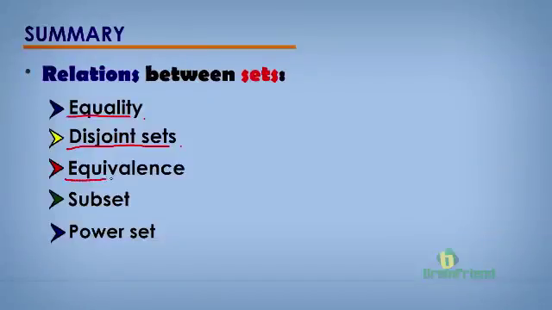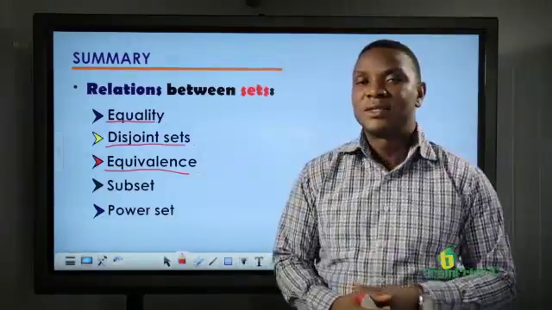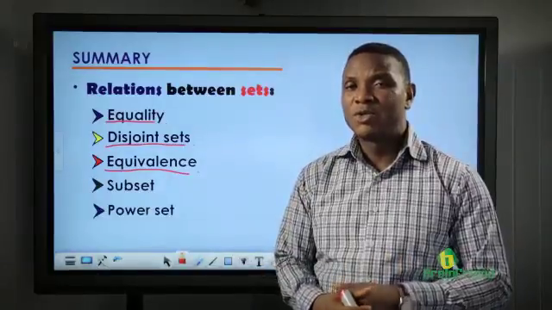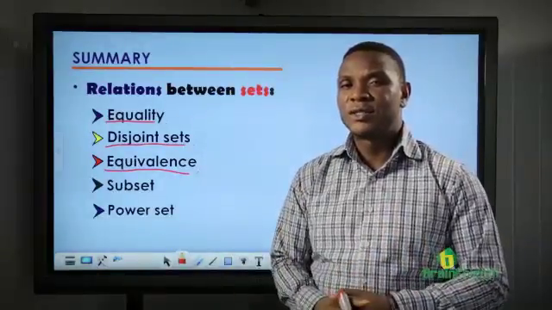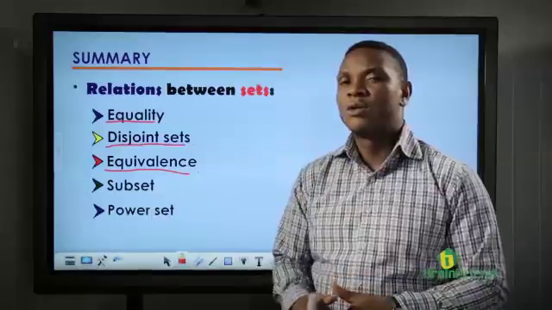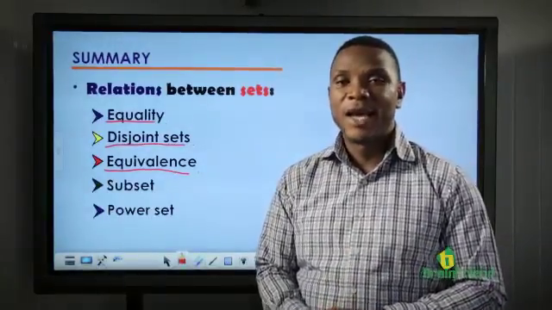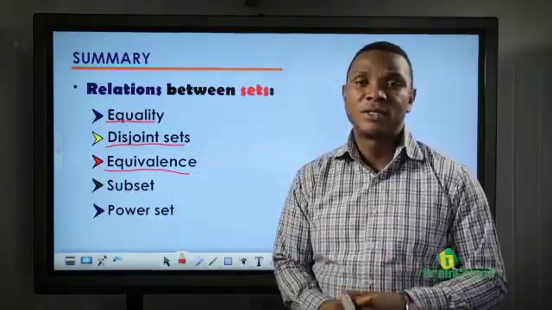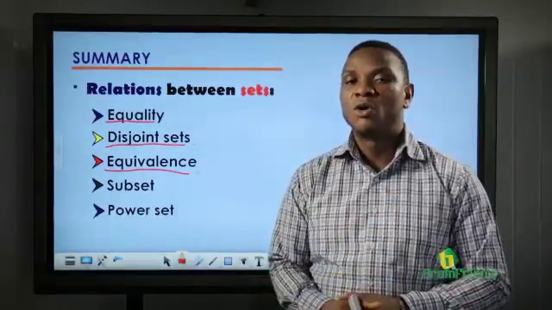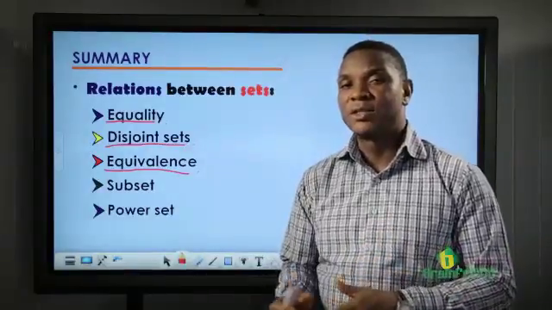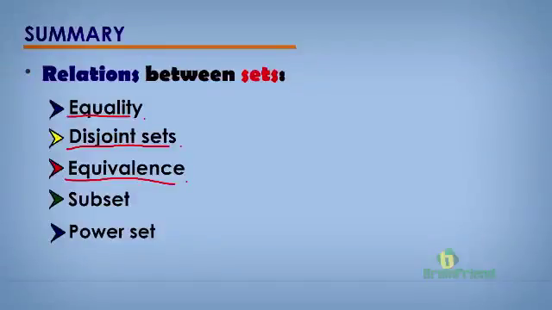Next, we learned about the concept of equivalence. We said equivalence is basically the cardinality or the count of two given sets that have equal numbers of elements. So our given set A has 5 elements, for instance, and our given set B also has 5 elements. We say that our set A and our set B are equivalent.